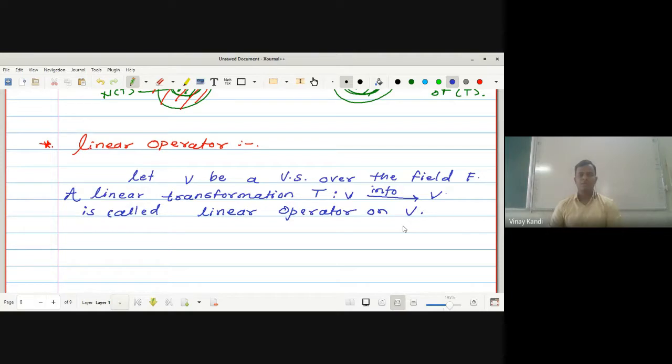No, sir. If the domain and codomain are the same, then that linear transformation is nothing but a linear operator. Okay, त्याच वेक्टर स्पेस मध्ये ऑपरेट होतो. Now the next definition is linear functional.